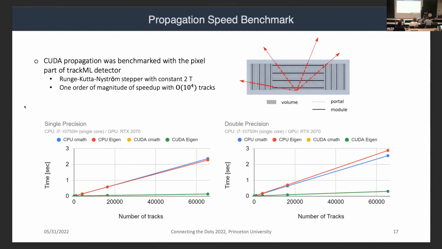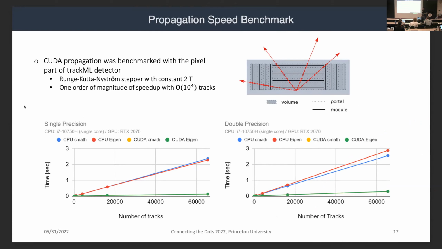And this slide is showing the propagation speed benchmark. We are also using the pixel part of the tracking detector for our benchmark. We have used the 2 Tesla magnetic field with the RKN stepper, and for this simple geometry setup, we got a quite good initial benchmark result.